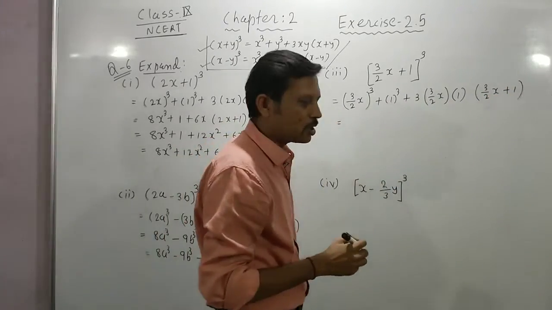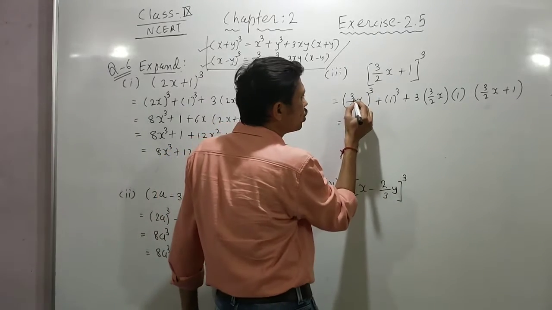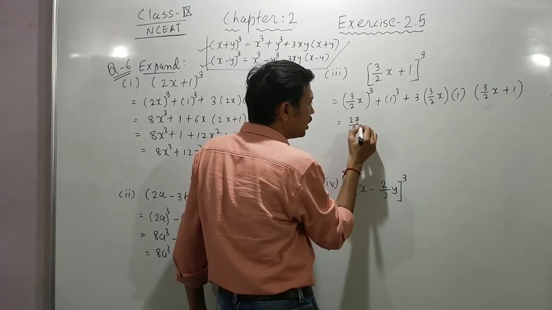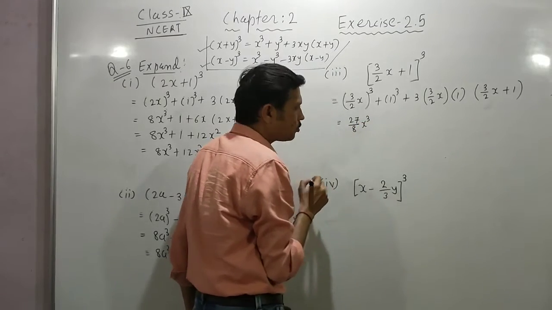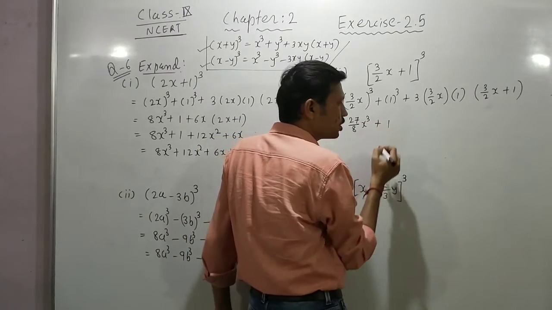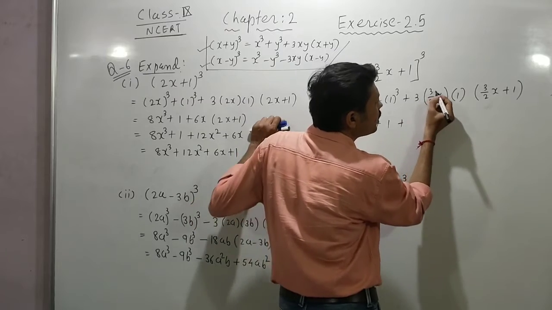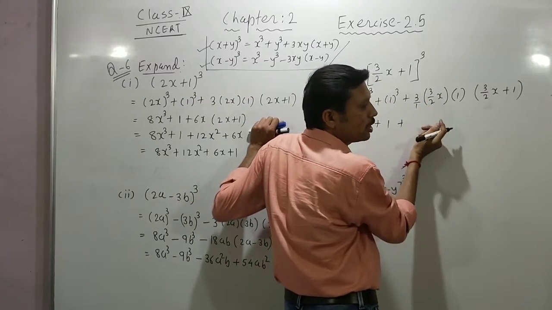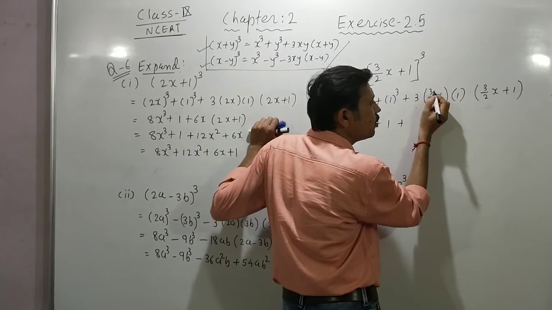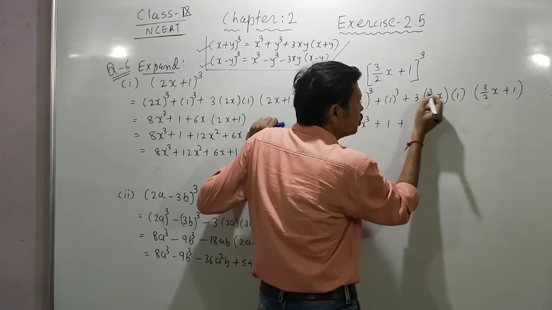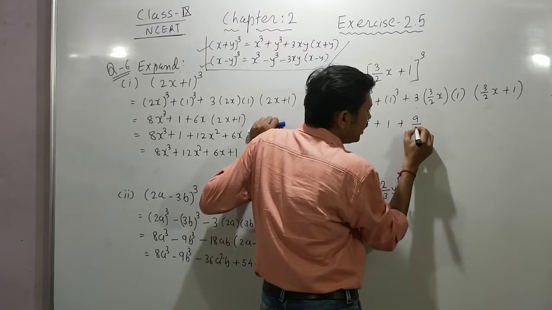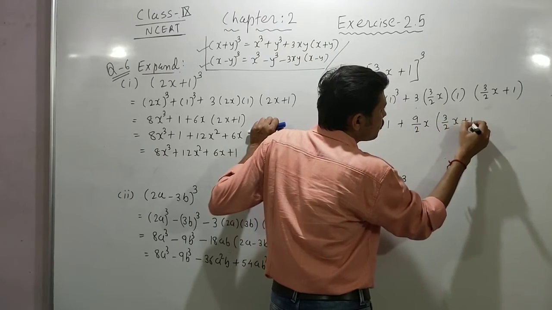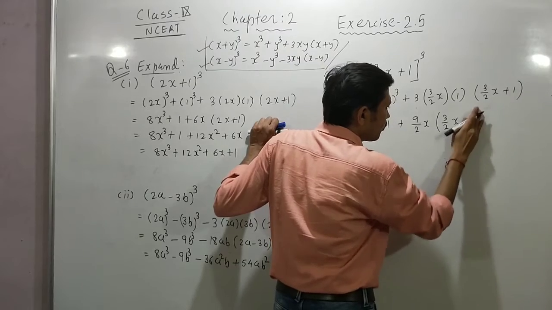Okay, further expansion. So (3 by 2x) the whole cube. 3 cubed is 27, 2 cubed is 8, and x cube. Plus 1 cubed is 1, plus 3 threes are 9. 3 will be multiplied with the numerator because the denominator of this one is 1, so the numerator will be multiplied with only the numerator. So 3 threes are 9 by 2x, and here (3 by 2x plus 1) as it is in this bracket.